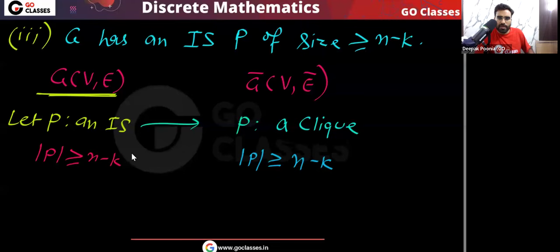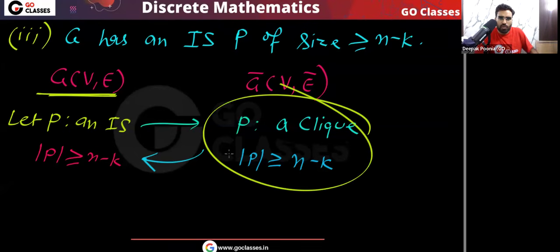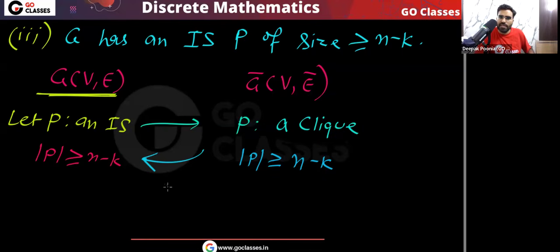Yes or no? And remember, the same thing works both ways. If in G complement there is a clique of size at least n minus k, then when you complement the graph, this clique will become an independent set. So this is again two ways.